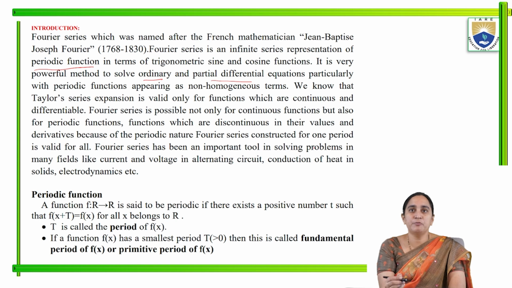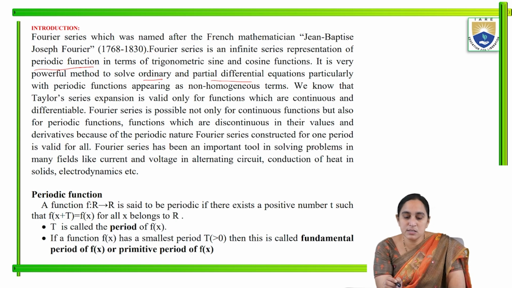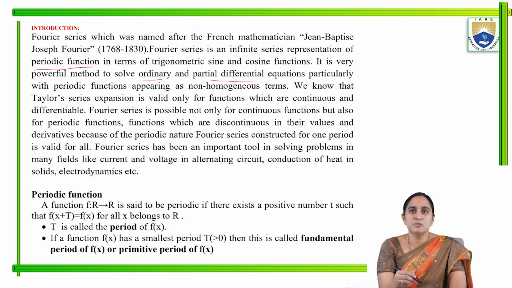Before going through the Fourier series, what is this mainly useful for? For periodic functions, to solve ordinary and partial differential equations. For that, first we have to discuss what is a periodic function.